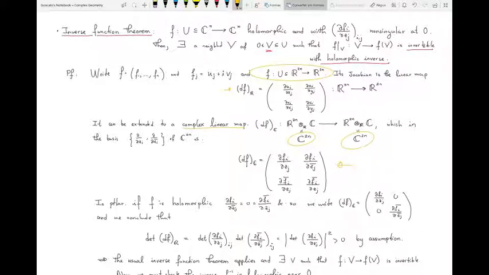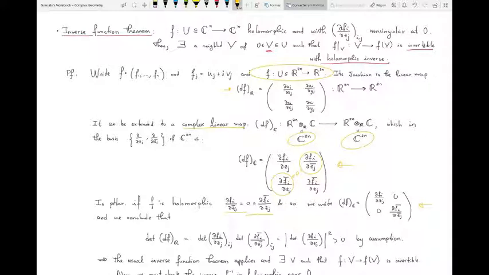And in particular, in the case when f is holomorphic, then d f_i bar over dz_j is equal to 0, and so is d f_i over d z_j bar, because that is just the complex conjugate of this first one. Okay, so these anti-diagonal entries vanish when f is holomorphic, so these are both equal to 0, and we are left with this.